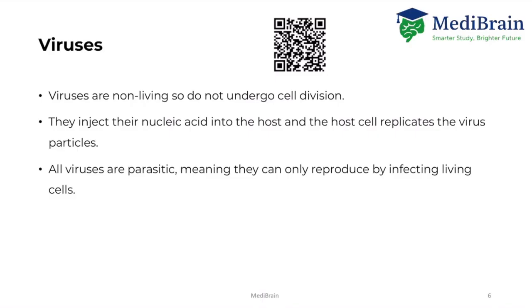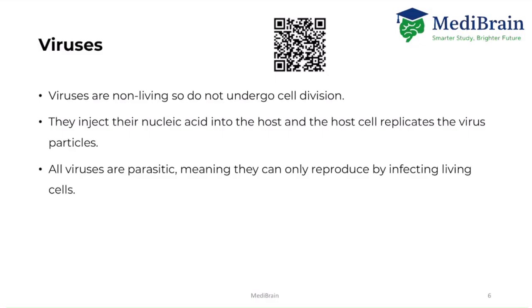How they infect cells is, inside viruses, they don't have any subcellular organelles or anything which takes up the inside of the cell itself. However, they do have some nucleic acid, okay, and it can be DNA or RNA within the virus. And what it does is that it attacks the normal body cell by injecting that nucleic acid into the normal body cell.